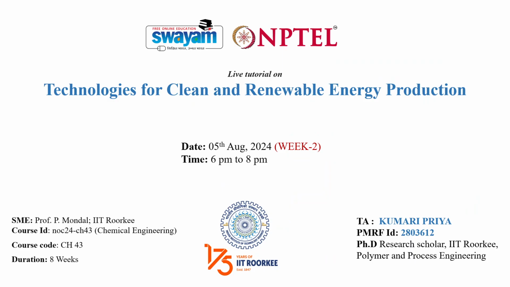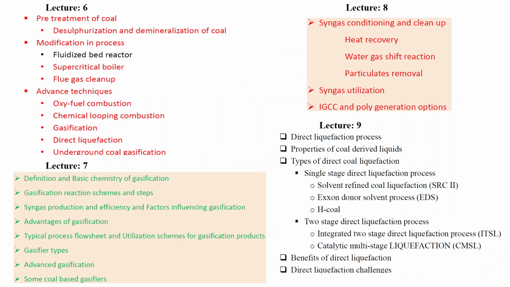So today's session is the second week of the tutorial for the course Technologies for Clean and Renewable Energy Production. The various topics we will be discussing in detail today are different routes for production of energy from coal apart from combustion, which is the conventional method for energy production.